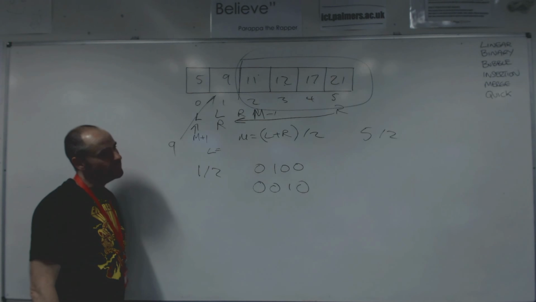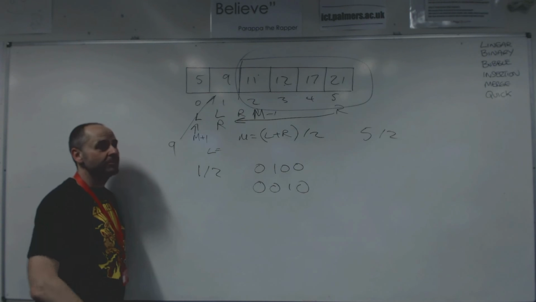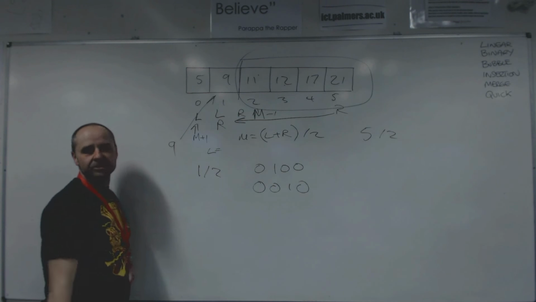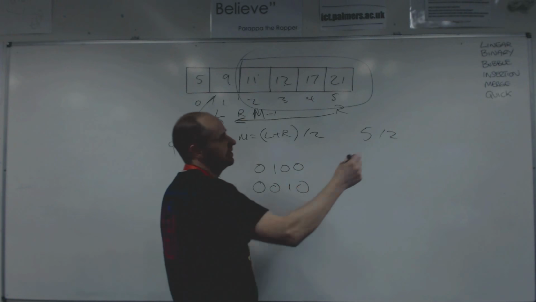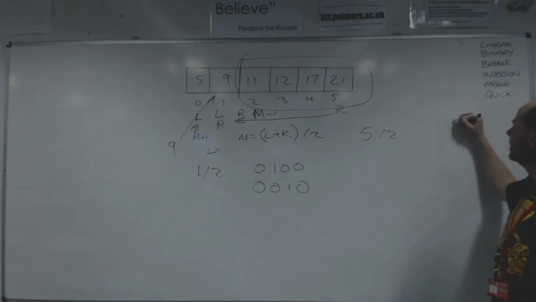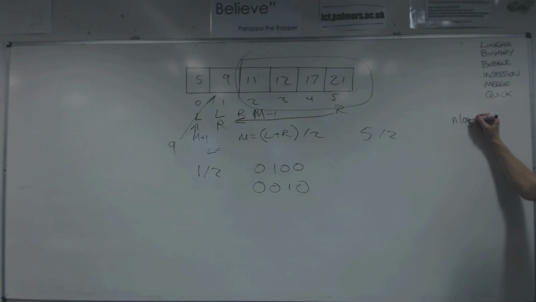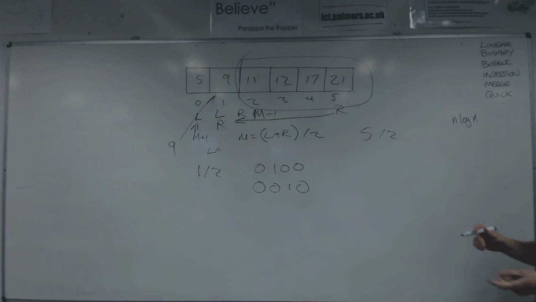So they've both got strengths and weaknesses. Binary search, because its time complexity is quoted as log n, as you add more data items, doesn't have that great an effect on its performance. If we double the data, we only have to look at one more value.